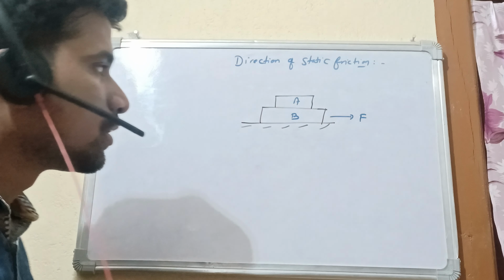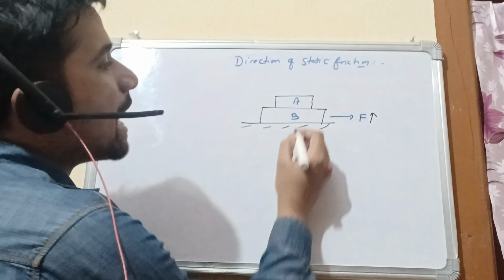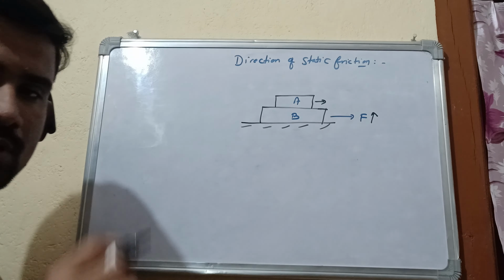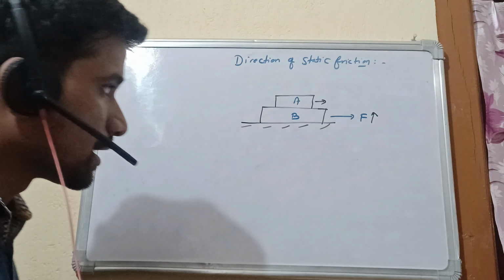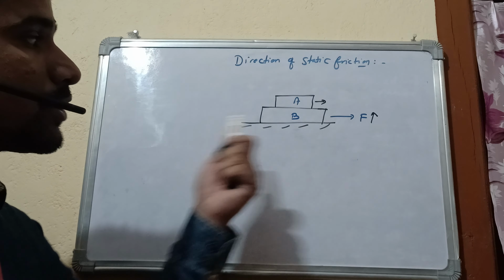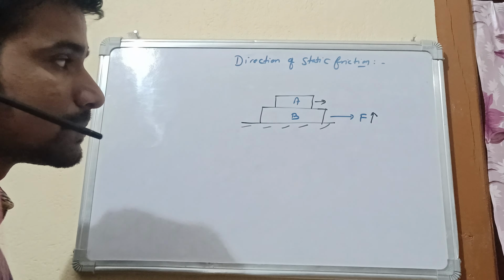Now, let's say I increase this F by some magnitude and B moves towards the right with A, till some distance maybe. Now, what is the force on A which is moving towards the right? That is the friction force only.